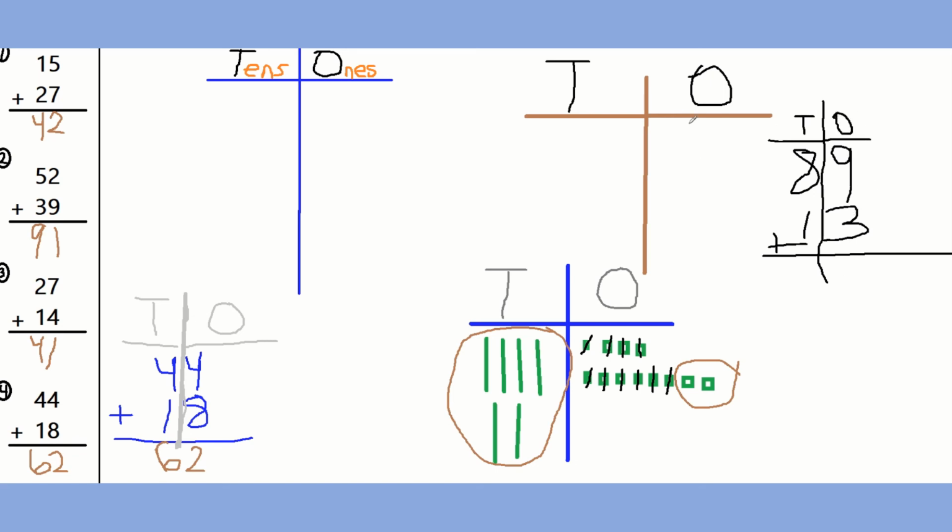And we know that the 9 and the 3 is on the 1 side, and the 8 and the 1, that's the 10 side. Very easy. And then all we do is we draw it out just like we've done down here. And it is going to help us figure out the problem.